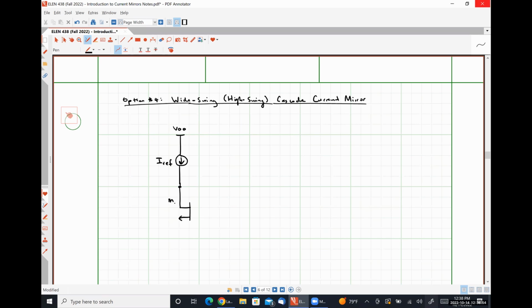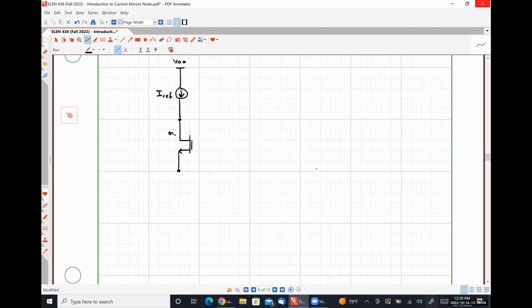Here we have transistor M1. Here is M3. Here is M2.